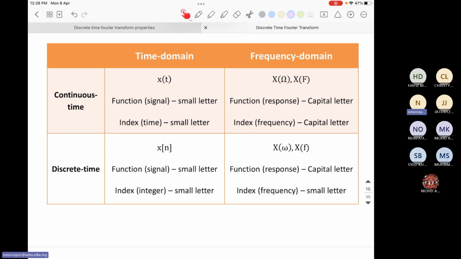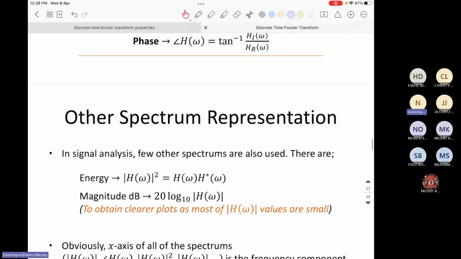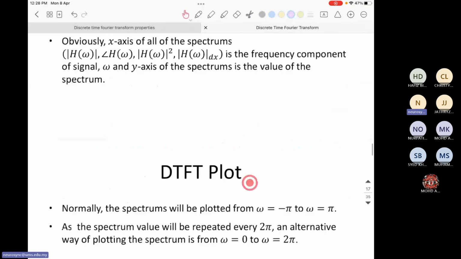So in the case of discrete time, we represent the index term with small letters. Now this is the magnitude and phase spectrum.